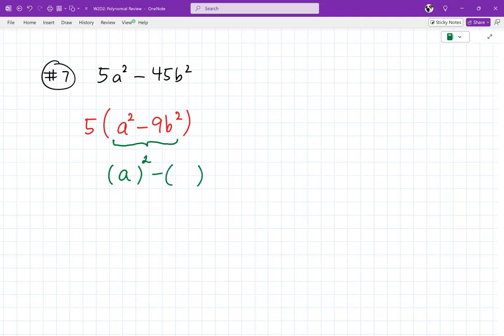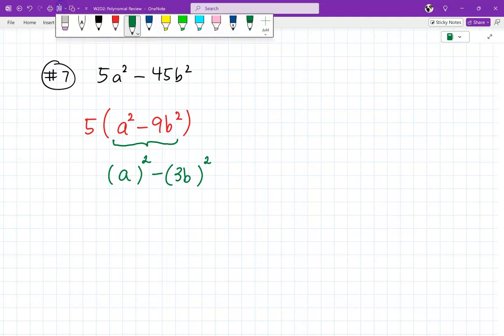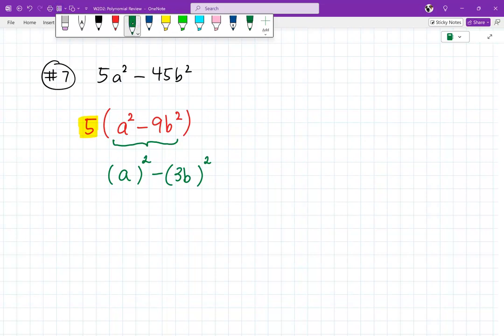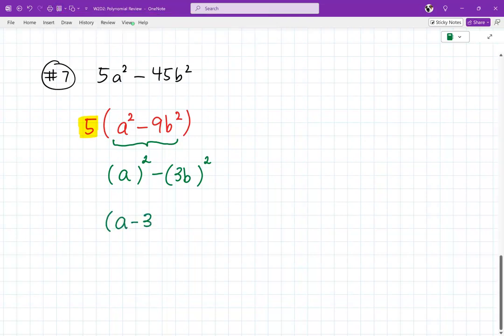Minus what squared is 9b squared? 3b. Now I still have this 5. Okay, let me highlight it. Remember how I used to do it when we taught this the first time? I'm going to highlight it so I don't forget, because it's going to be part of my answer. Okay, so this is going to be a minus 3b, a plus 3b, and then this 5 is going to show up right there.